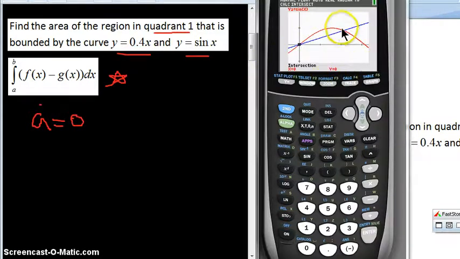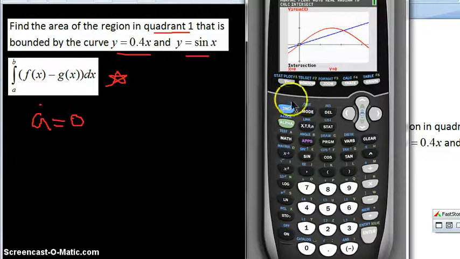Alright, so let me find my B. My B is over here. So again, second calc, and then go to number 5. The first curve is the blue line, the second curve is the red line, and then a guess point.